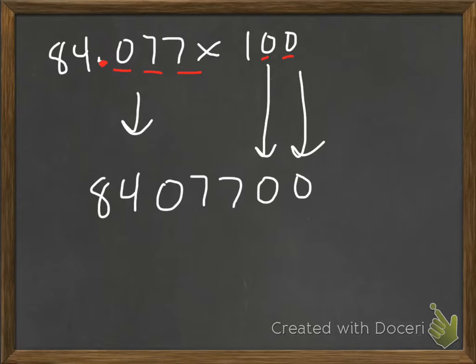So I'm going to move my decimal 3 places to the left. 1, 2, 3. So your answer is going to be 8,407.7. No need to go and multiply 84.077 times 100, carry the 0, just add the zeros to the end of it, and then move your decimal over.